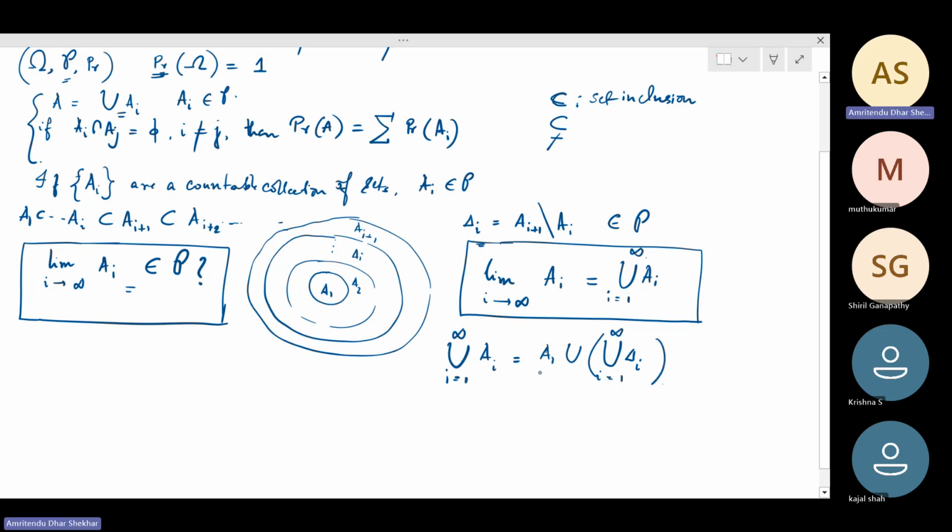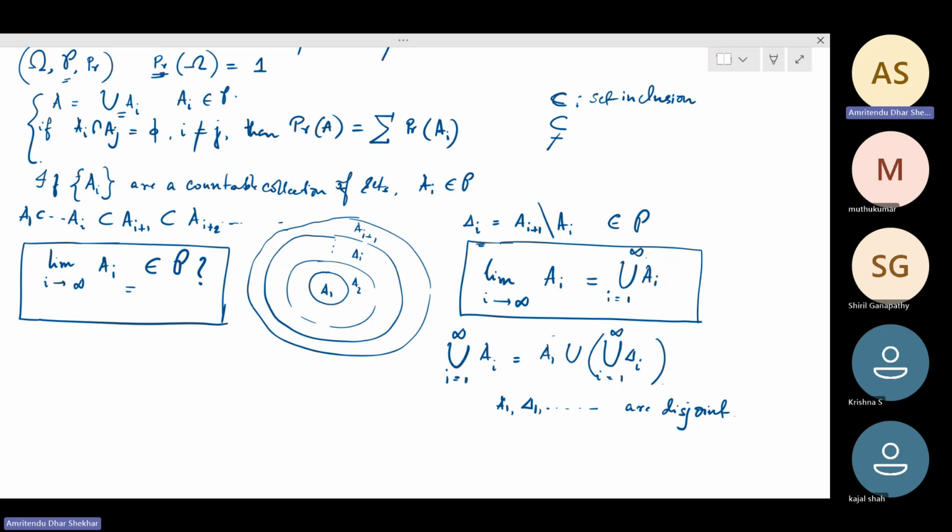Now, each of these sets in this collection, the sets A1, delta 1, and so on, are disjoint. Fine, they are disjoint, but they are also sets of this sigma algebra, and so it's going to be closed under countable union.